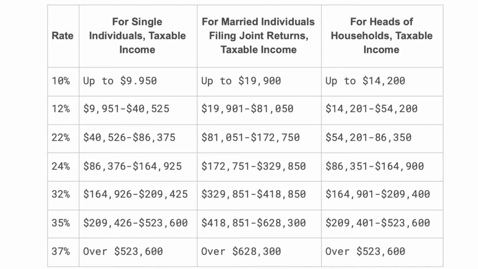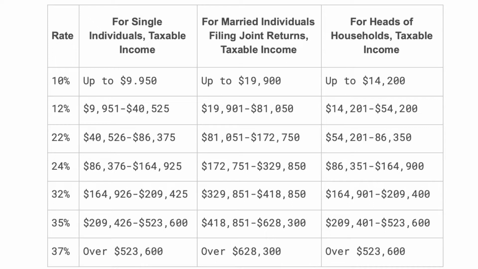And so what this means, you guys, I want you to think of this as a ladder or stepping stone. Okay, so the first stepping stone is that 10% tax bracket. And what that means is that everybody has to step here. So whether they stop here because they only make up to this $9,950 as a single individual, or they keep going because they make more than that, they're gonna pay 10% on every dollar they earned up to this threshold.